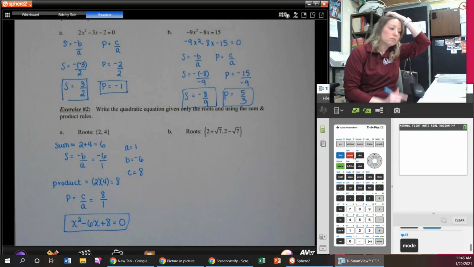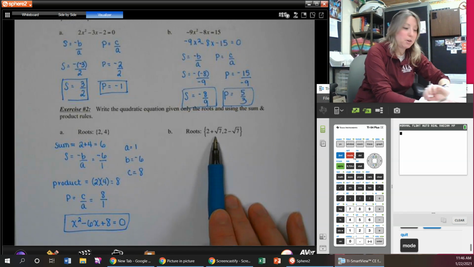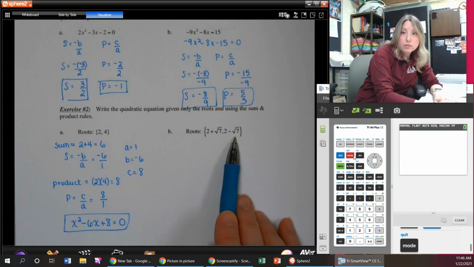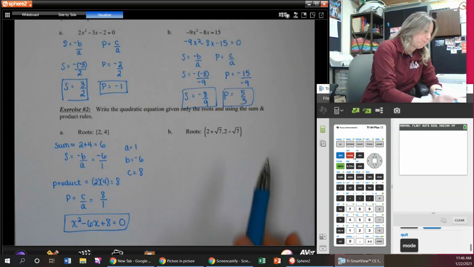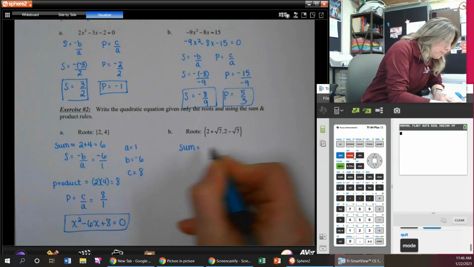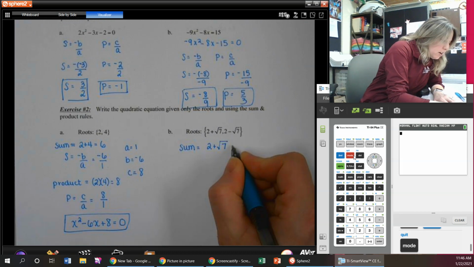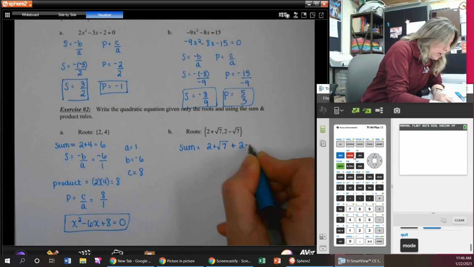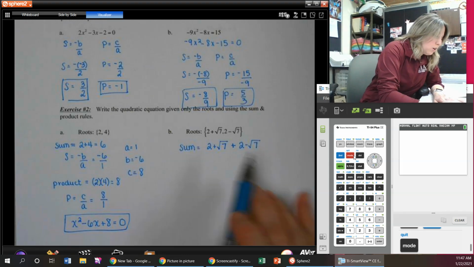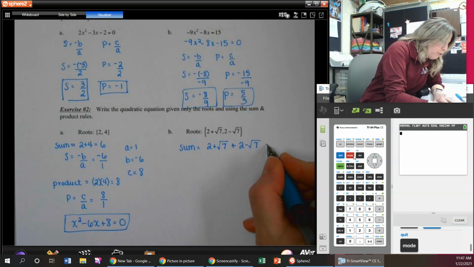Let's try again. So over here, I'm going to add these 2 things up, and then I'm going to multiply these 2 things together, okay? See what I get. So sum, let's add them. 2 plus radical 7 plus 2 minus radical 7. So combine like terms. 2 plus 2 is 4.